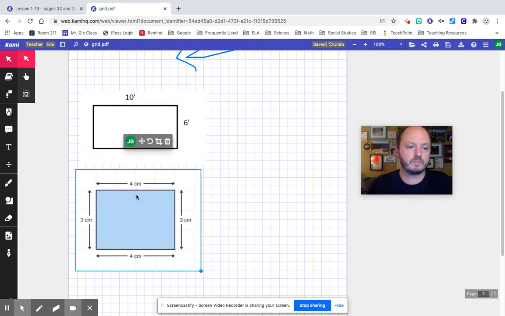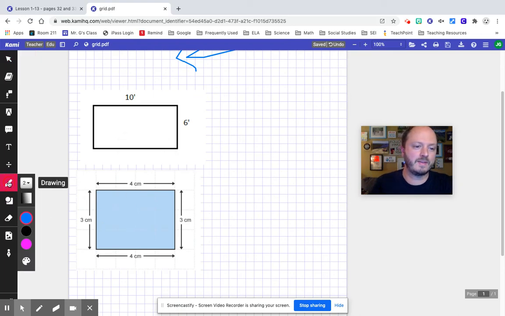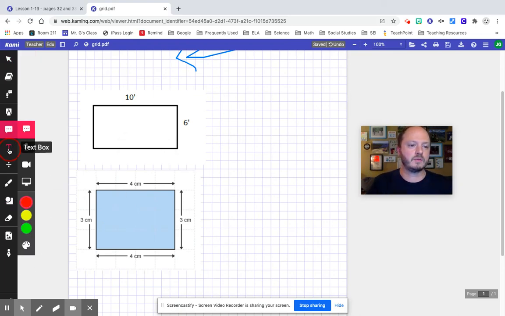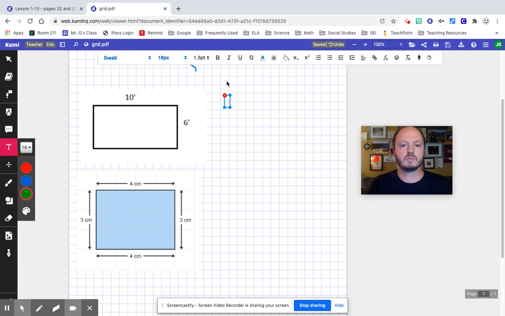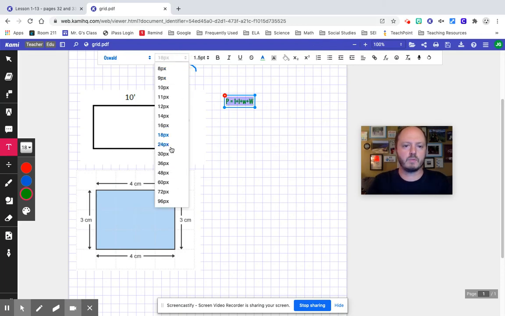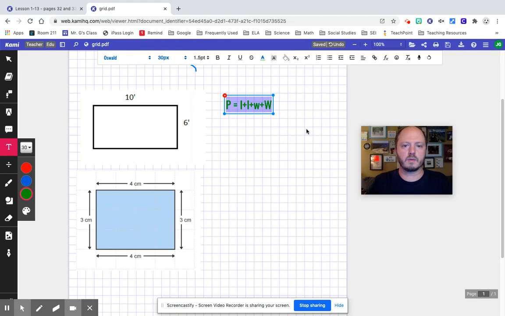So I'm going to use my text tool this time. So P equals L plus L plus W plus W. I'll make that font much bigger so we can see it. Okay.